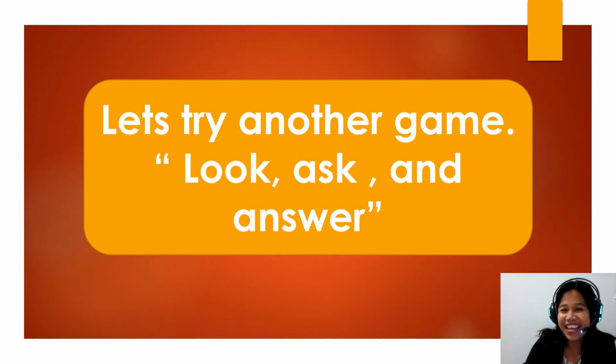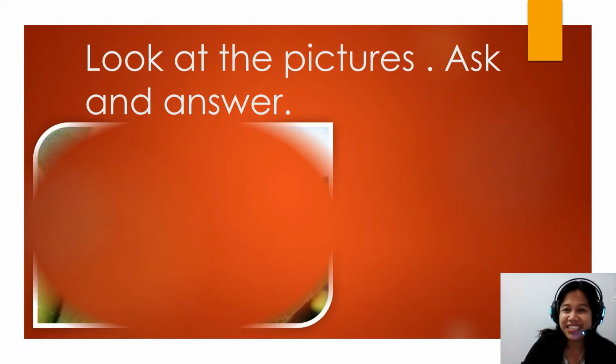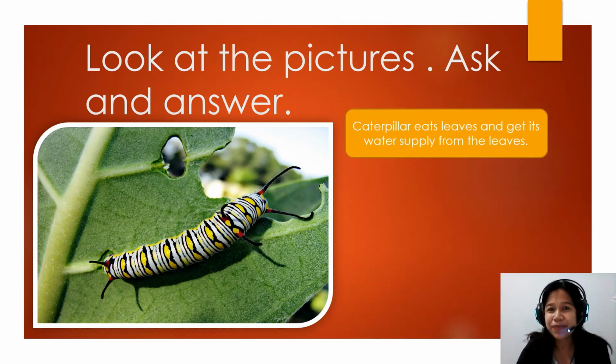Let's try another game. This time you have to look, you have to ask, and you have to answer. Look at the pictures. Ask and answer. The picture is a caterpillar. Now ask. Caterpillar eats leaves and gets its water supply from the leaves.